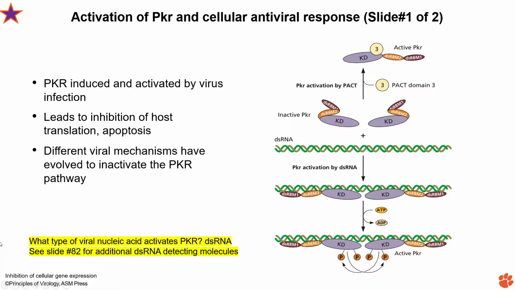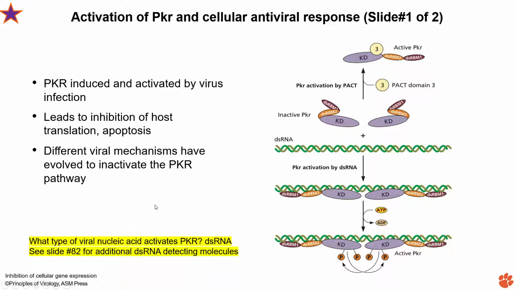All right, so the next question that you have with the PKR as well is what type of viral nucleic acid activates PKR? And remember that it is double-stranded RNA. And see slide number 82 for additional dsRNA detecting molecules. We're going to see that. But just remember that double-stranded RNA, of course, there is PACT that can activate, but here we are asking what type of nucleic acid. So remember that PKR can be activated by double-stranded RNA.